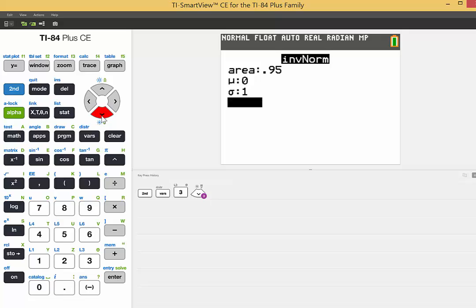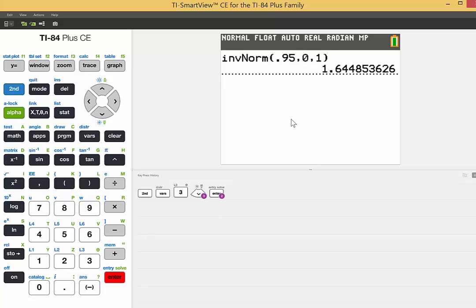Come down and hit paste. We have this syntax that you would type in if you are using a TI-83 or 84 calculator that does not have that menu selection. First the area, then the mean, then the standard deviation. If we hit enter, we'll see 1.645 if we round to 3 decimal places.